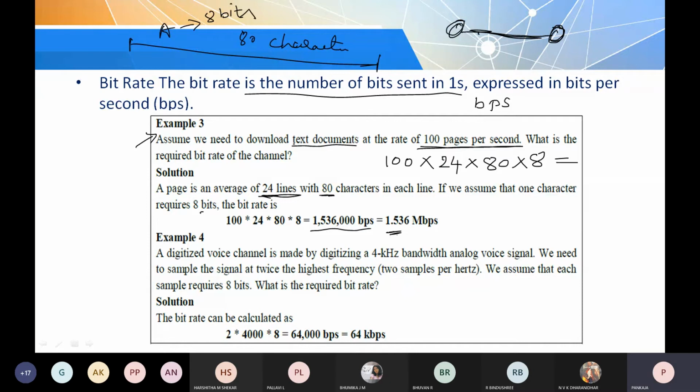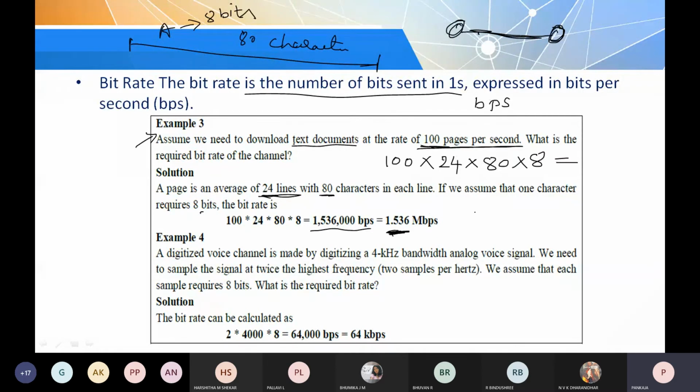The number of bits sent per second is this much if you want to download 100 pages per second, and this should be the bit rate. Is it clear? This is the channel bit rate if you want to download 100 pages per second.